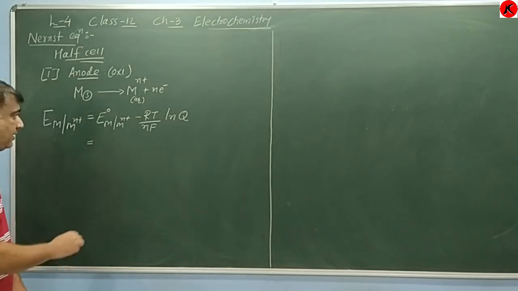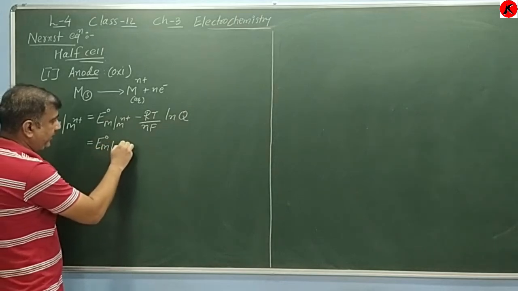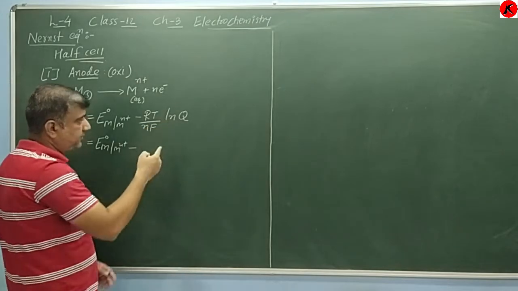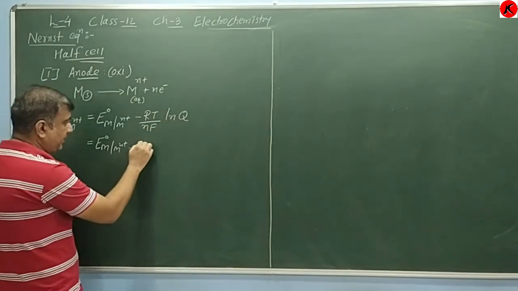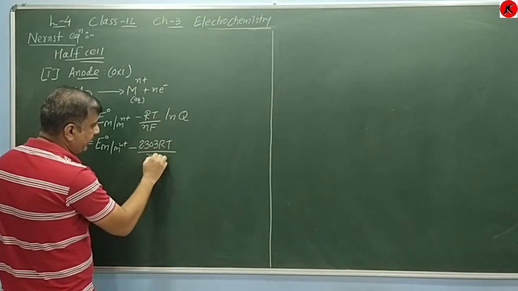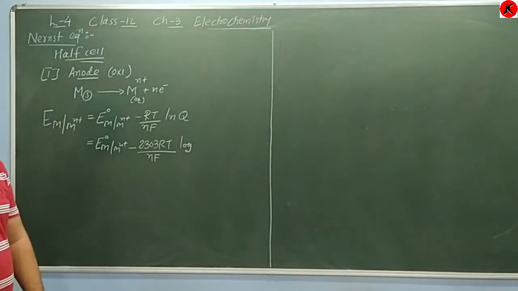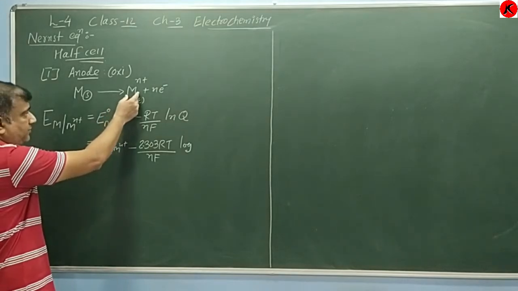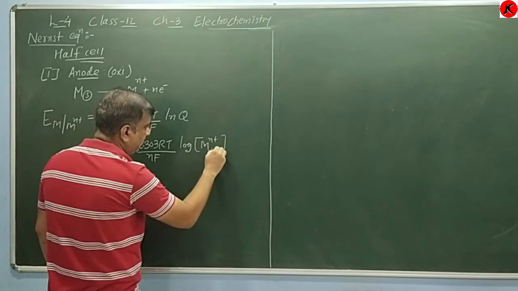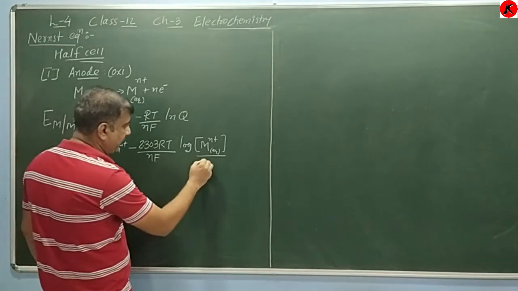Converting ln into log, we multiply by 2.303 RT by nF log of concentration of product divided by reactant, that means Mn+ aqueous divided by concentration of M solid.